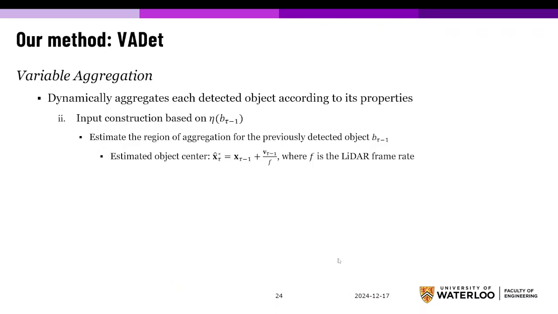To do that, we first estimate the object center using basically a fixed velocity model. The object detector will provide us with a velocity estimation for each bounding box, and we can just assume that the object is moving at the fixed velocity, which is typically a valid assumption because the time interval between each frame is very small.